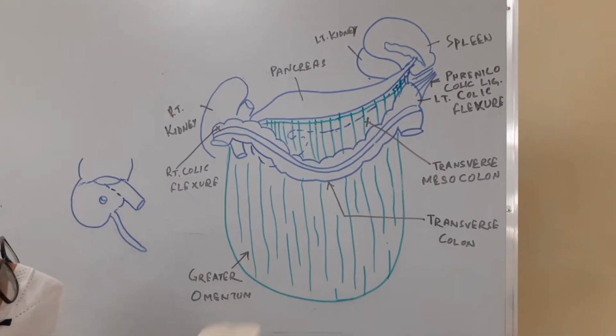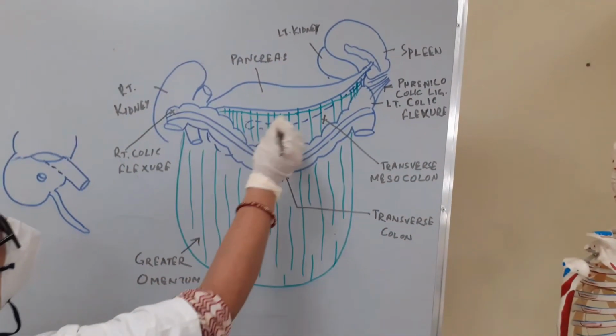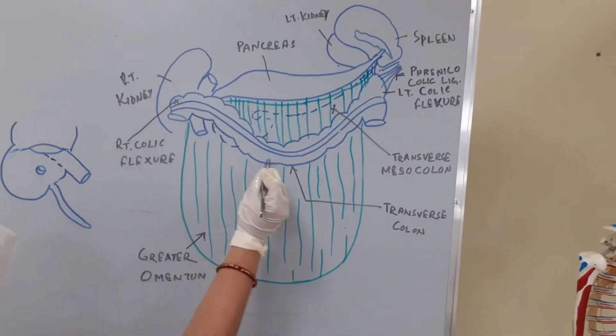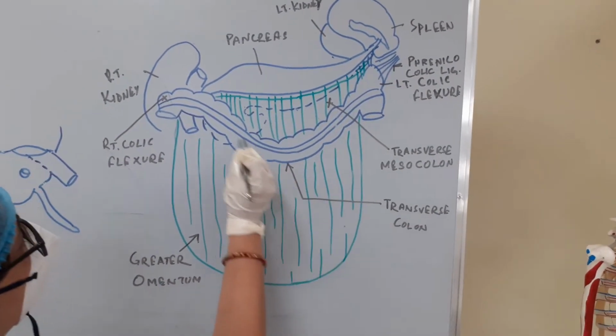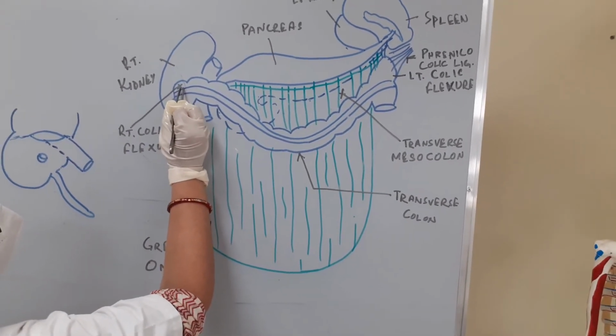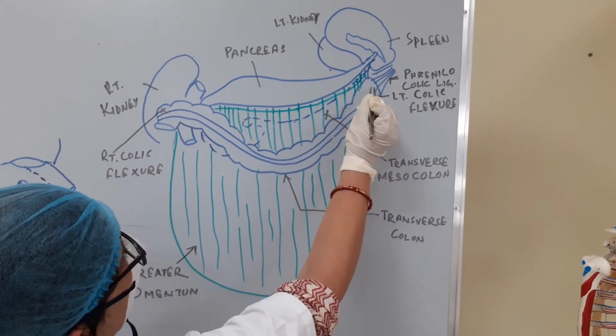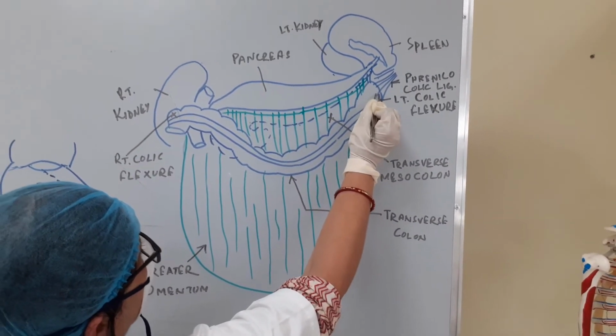This is the greater omentum. So this is the transverse mesocolon, and this is the part of the large intestine, the transverse colon. It starts from the right colic flexure or hepatic flexure and ends in the left colic flexure or splenic flexure.